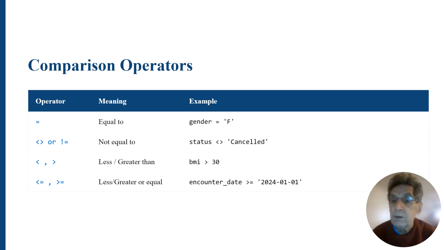Less than or equal and greater than or equal include the boundary value also. Like encounter date greater than or equal to January 1st, 2024 includes encounters on that date, not just after it. These are your building blocks. You'll combine them with the operators we'll cover shortly to build very sophisticated filters.